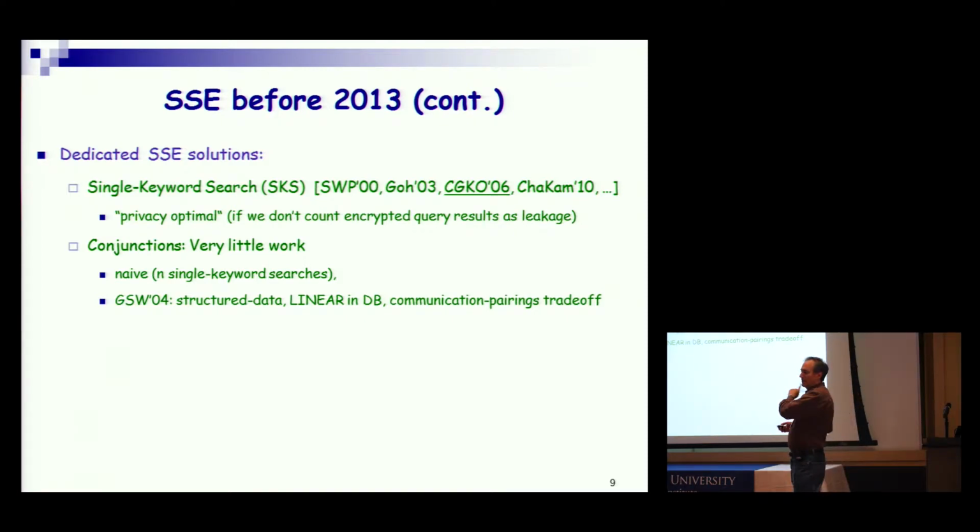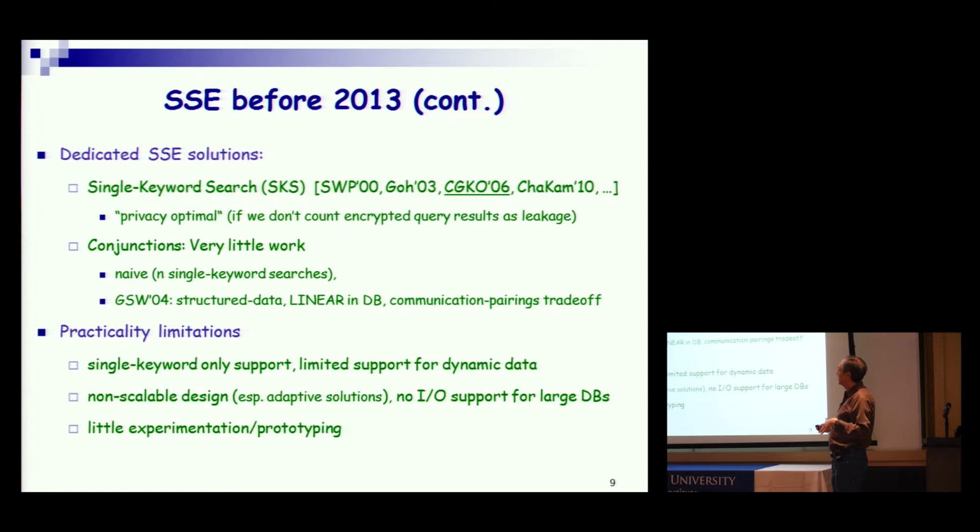Anyone knows? Right, Stadler and Waters. So this does conjunctions, but it's linear in the database, so you have to go and check basically every entry for every document in the database, and clearly we don't want to do that. For large databases, you don't want to be linear in the database.